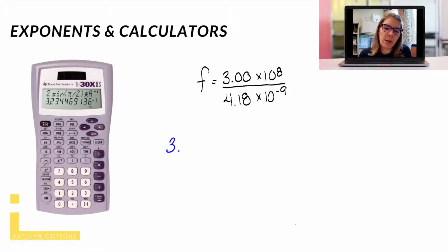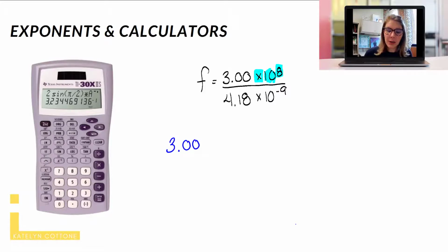So you can put in 3.00. The next thing that you can do is to use what's called the EE button. The EE button takes care of the times 10 to the power of, and then you would type in the 8.